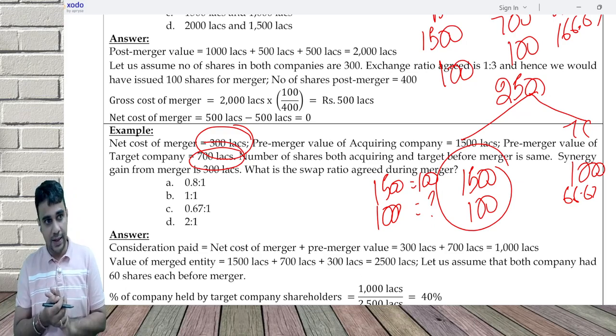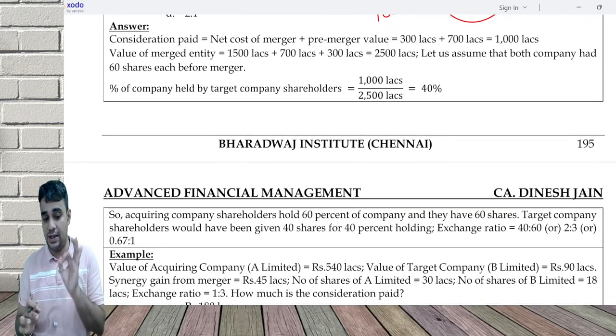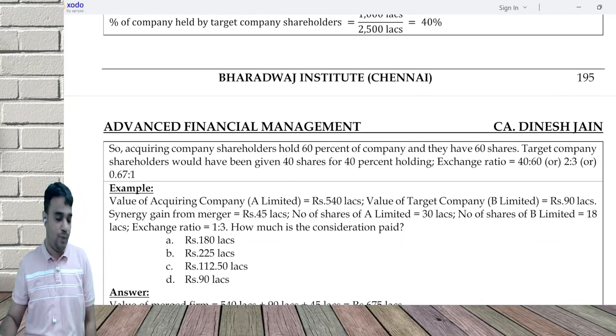This is again an excellent question to test your concept. Testing the concept is very critical. Think and let me know the answer to this. You should be in a position to do this.